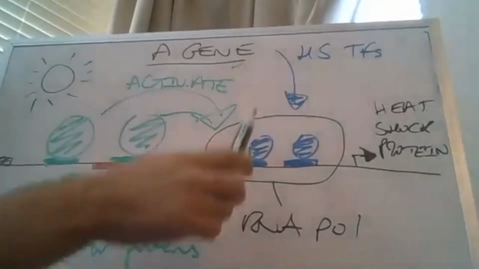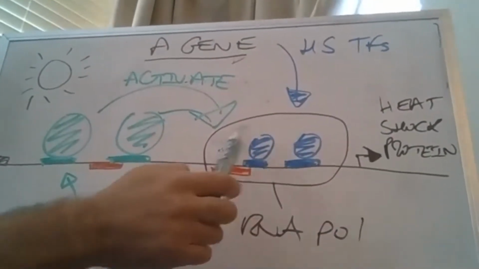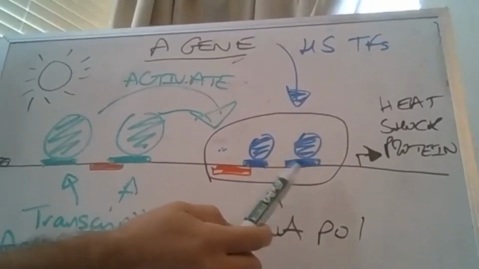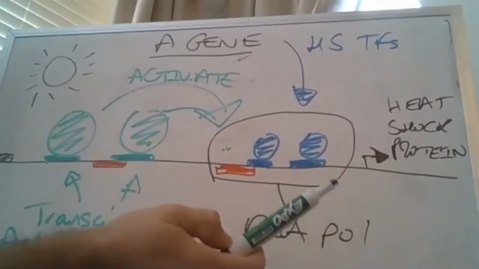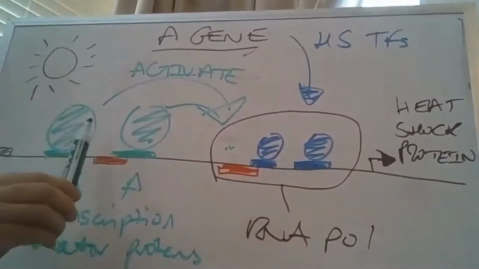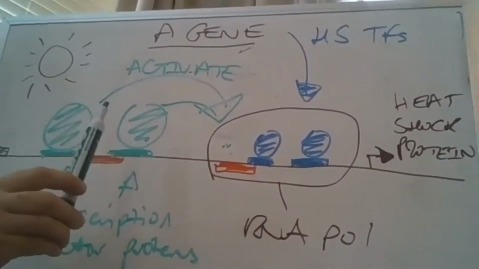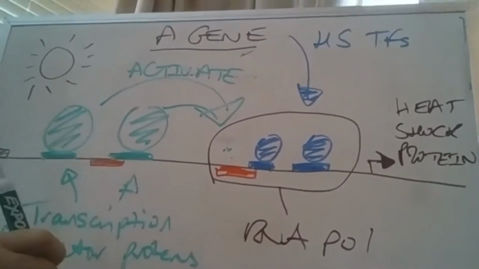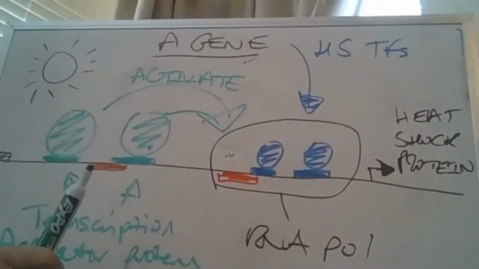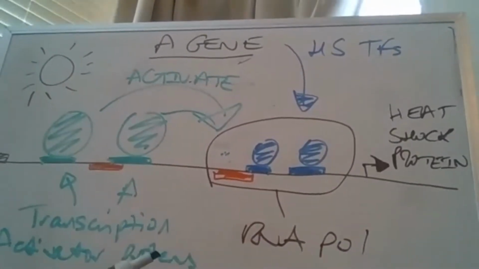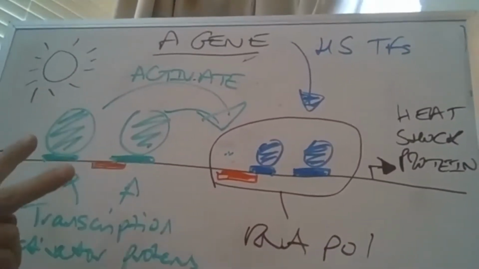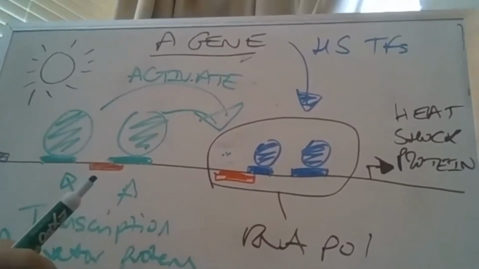So you need both the transcription factors, which bind to these response elements in the core promoter and recruit RNA polymerase, and you also need enhancers to be bound by transcriptional activator proteins to activate transcription. Those two things together get you transcription.